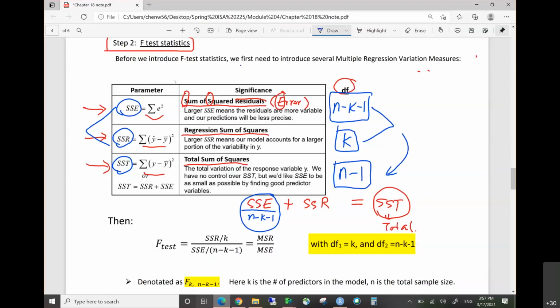We get the average, and we call this the mean squared error. Are you familiar with that? MSE, right? So this is the mean squared error, which is MSE.